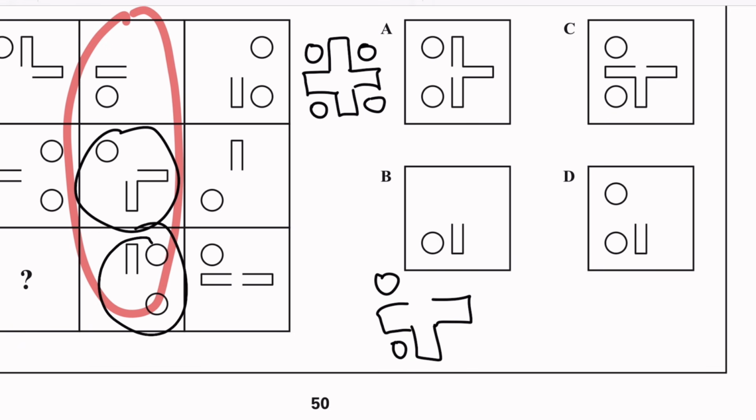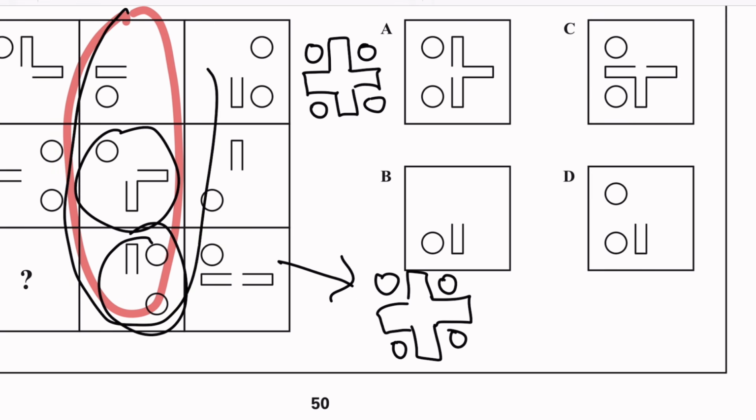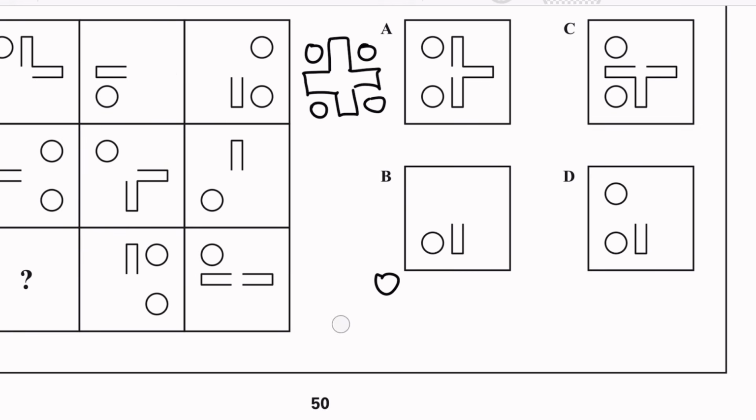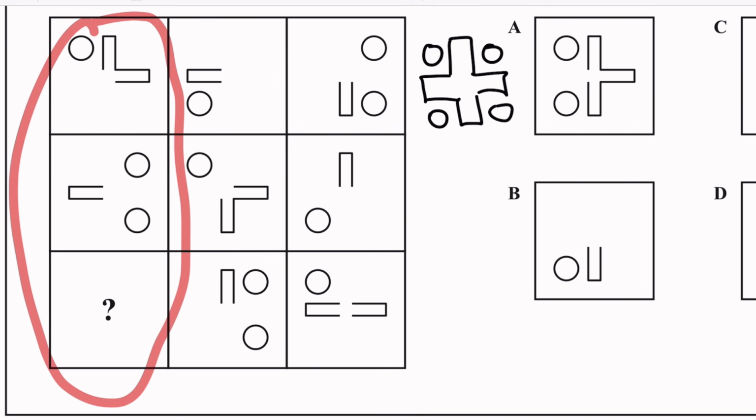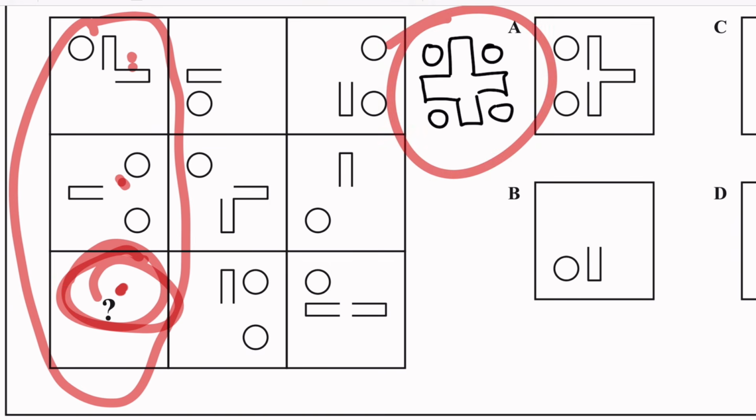Then we have this top arm with the rest of the two circles, okay? So obviously when you add them all up, it makes this common shape, okay? So we have to look at this column, I suppose, or a row, it's up to you. I'm going to choose a column, and we need to find out what's going to happen when we add up all these. Like how does this make that shape, this cross shape, okay?